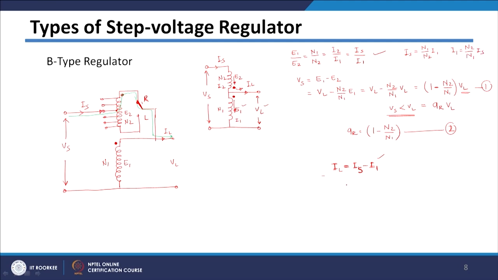So, this I1 I can just replace by IS will be equal to N2 by N1 into your IS. This will be equal to 1 minus N2 by N1 into IS.